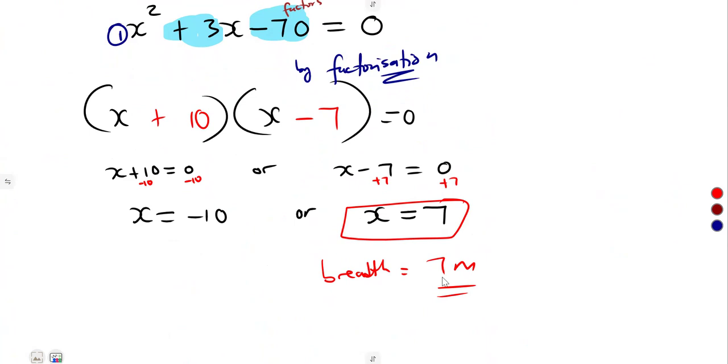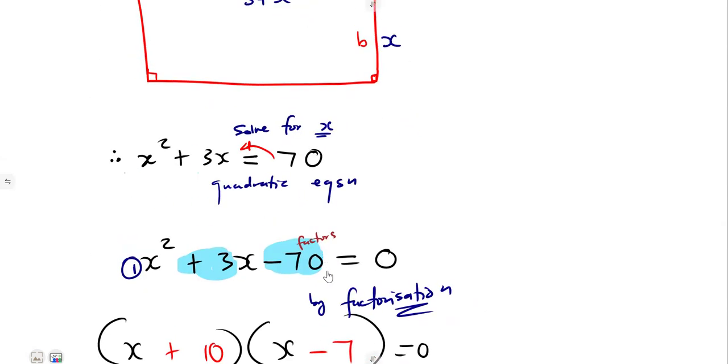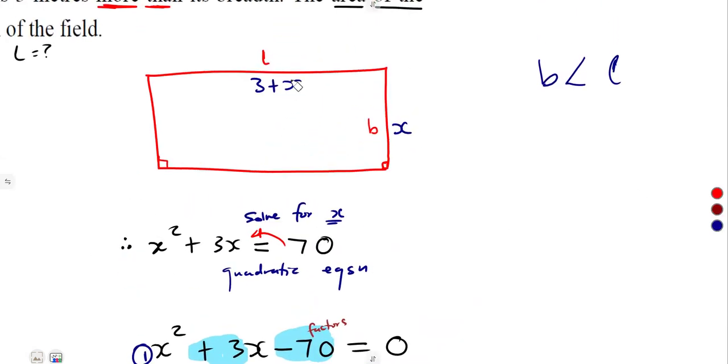What about the length? If the breadth is 7, what about the length? So it means our length is the 10 meters that is here. Okay, let me take it from here so that you also understand. Length is equal to 3 plus x. Remember, the question is about the length, and it is 3 plus x.